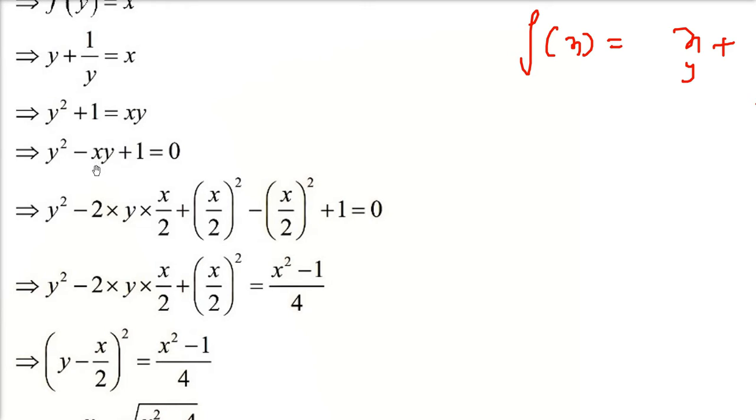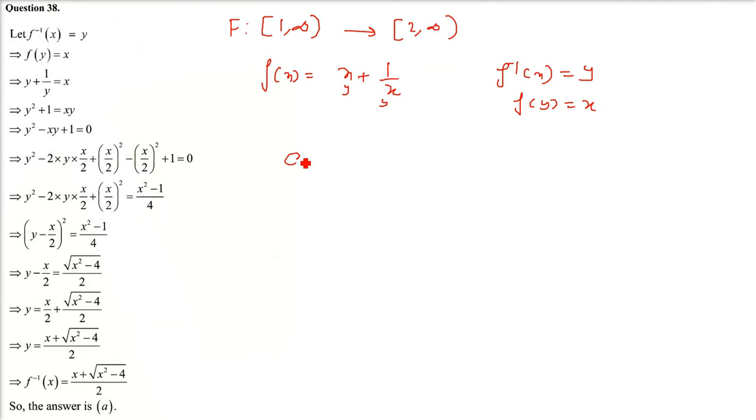The coefficient of y is to be divided by 2, squared, and added and subtracted. So whatever is in front of y, take it divided by 2, take the square, that is b square by 4, and add and subtract. Then only you are going to get the perfect square.